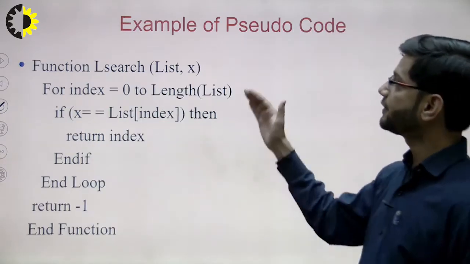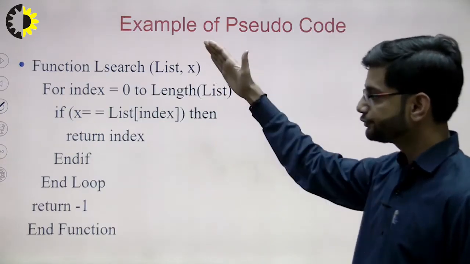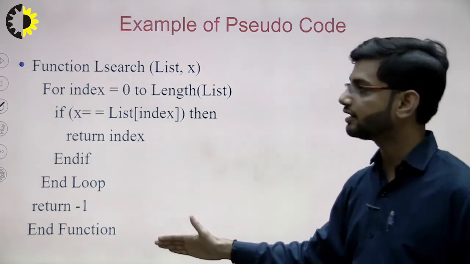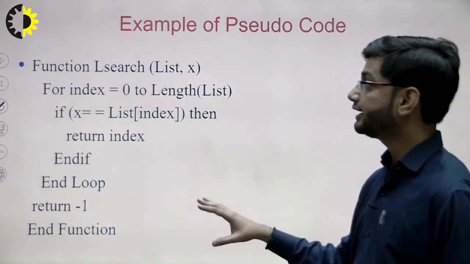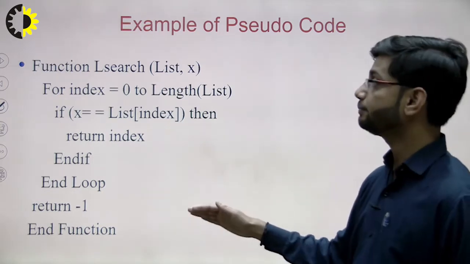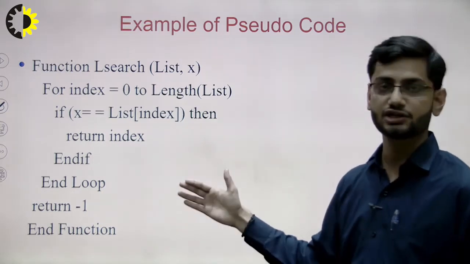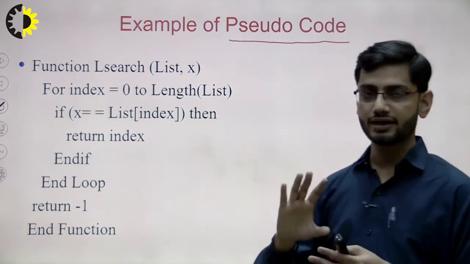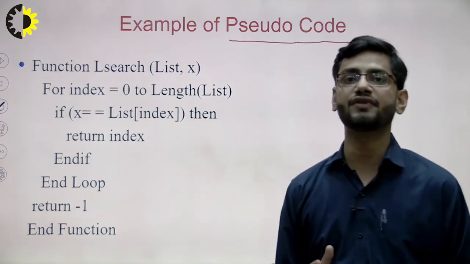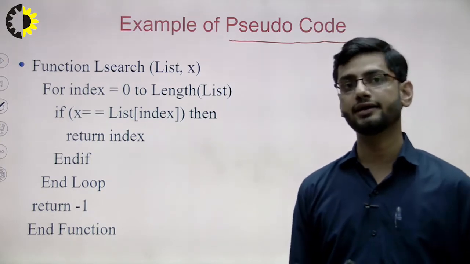This is the example of the pseudocode. This pseudocode is not following the exact programming language syntax, and it is also not written in purely English language, that is natural language. So we can say pseudocode lies as an intermediate between an algorithm and a program.